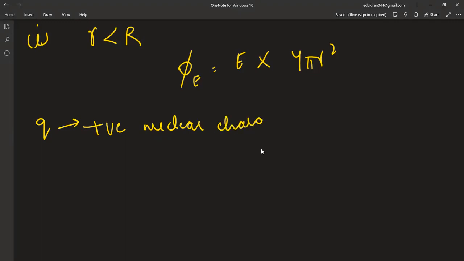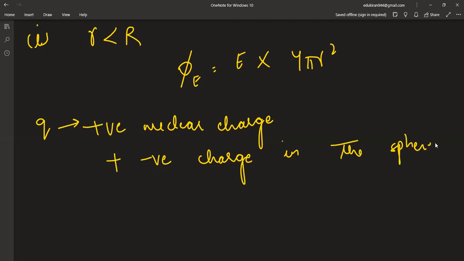Positive nuclear charge plus the negative charge in the sphere that we are calculating, right? So how will you write it? Positive nuclear charge is what? Plus Ze, right? What is the negative charge? We have already written 4 by 3 pi small r cube for this volume, right?